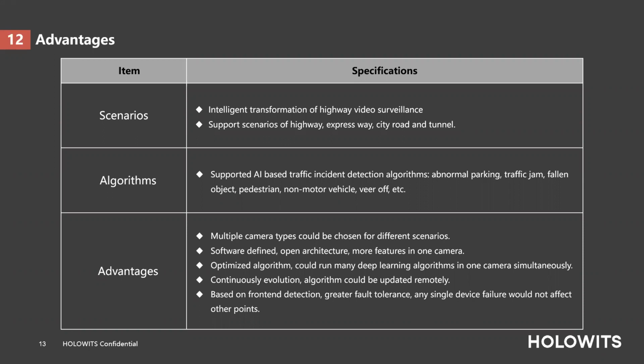The advantage of our algorithm is that multiple camera types can be chosen for different scenarios. With a software-defined open architecture, there are more features in one camera. We also have optimized algorithms that can run many deep learning algorithms in one camera simultaneously. Also, we have continuous evolution: algorithms can be updated remotely. Based on front-end detection, we have greater fault tolerance. Any single device failure would not affect other parts.